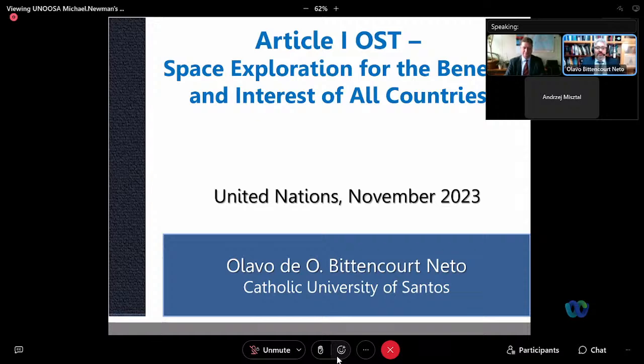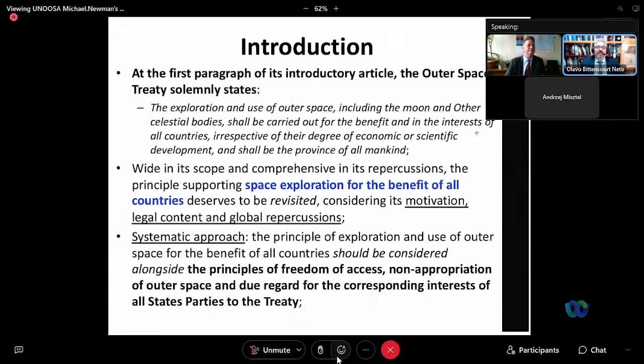And our dear Michael explained in detail about it and the evolution of the discussions that led to the agreement that we now consider one of the most important cornerstones of space law and policy.